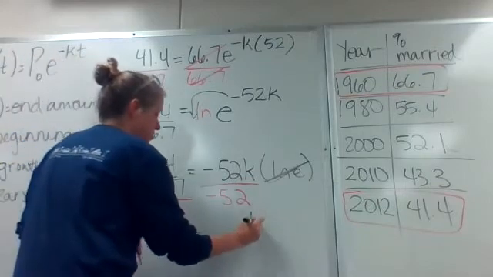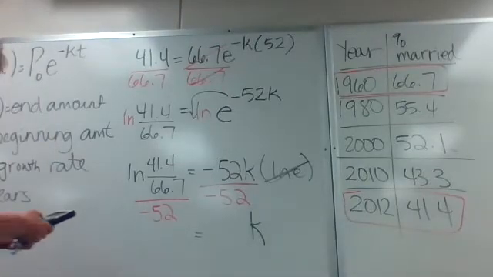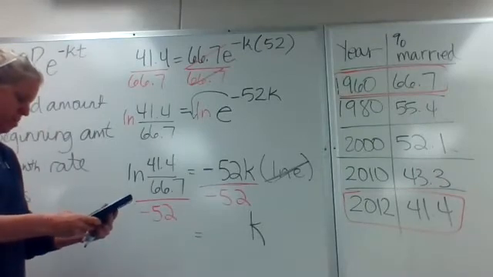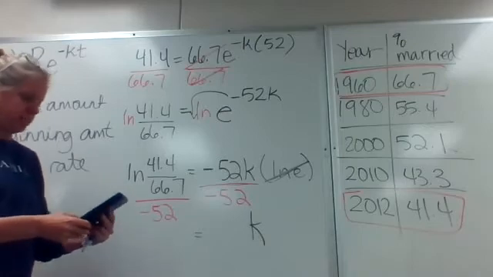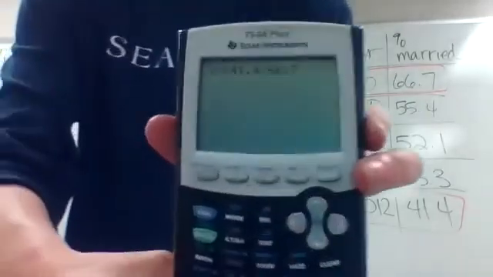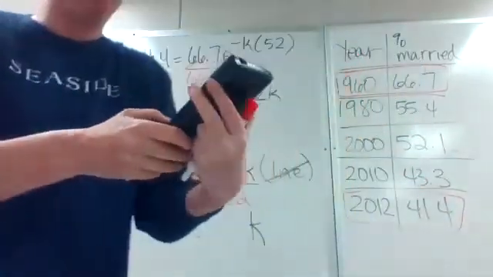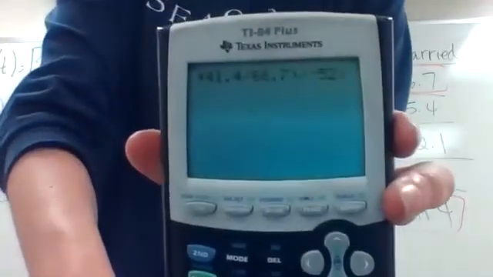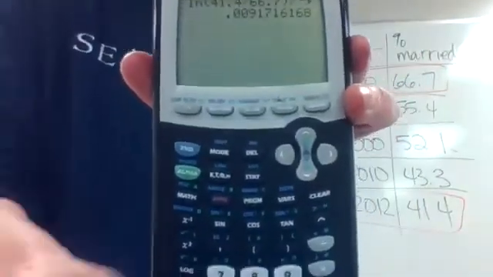I'll just put all this in my calculator. Be careful how you put it in. You've got ln 41.4, divide that by 66.7. After you type this in, you're going to close that, and then hit divided by negative 52, and go 4 decimal places.